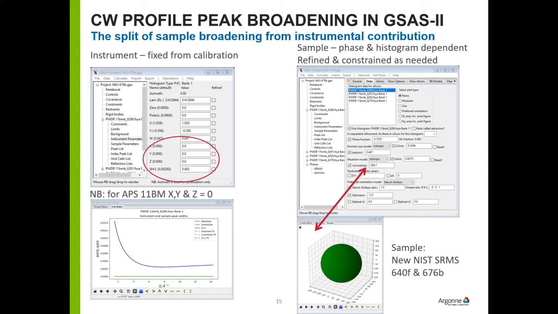So if you've got 5 powder patterns, each one of them could have different sample broadening effects, depending on how the experiment was done. And one of the things that's built into GSAS is the ability to plot out what the shape of the microstrain surface is, and also what the size is. And so that's given up here a choice of how you do the plot. That should have been microstrain, but that's okay.